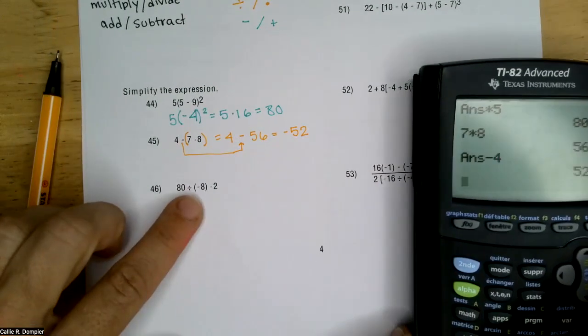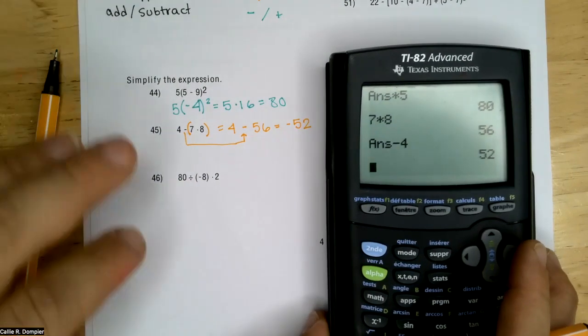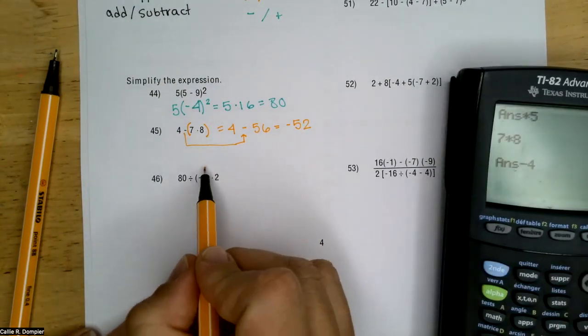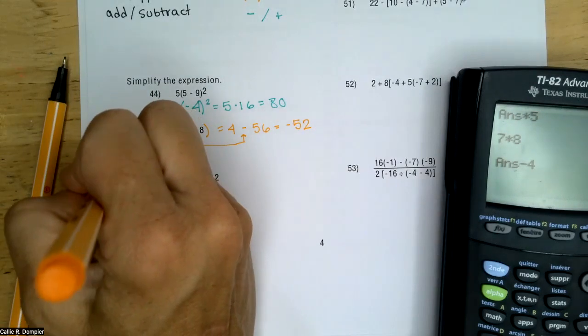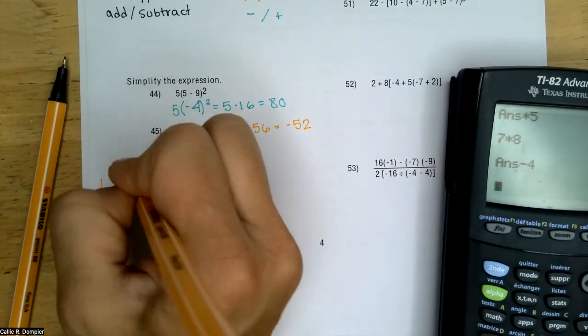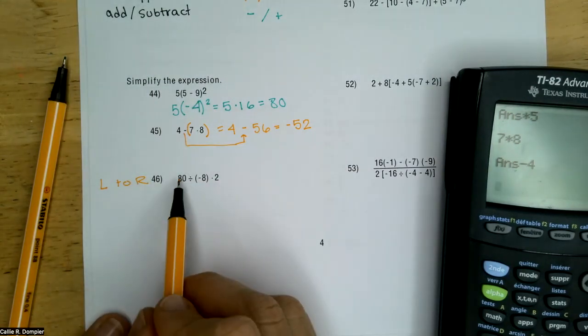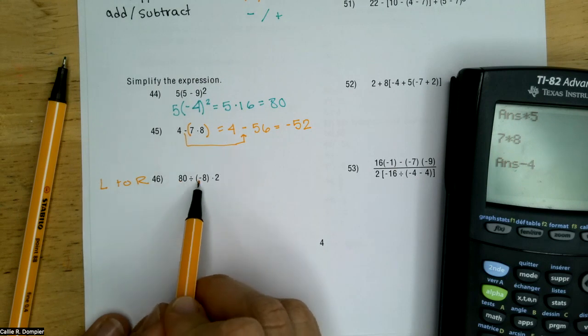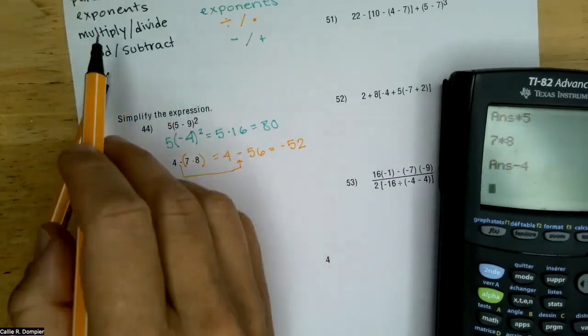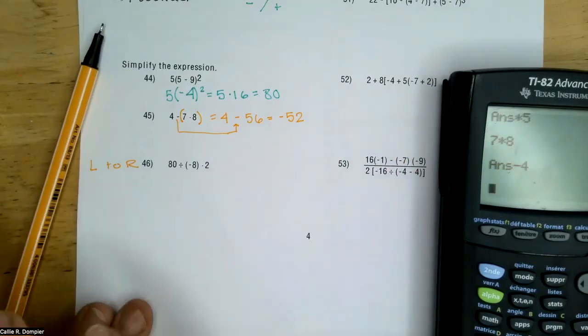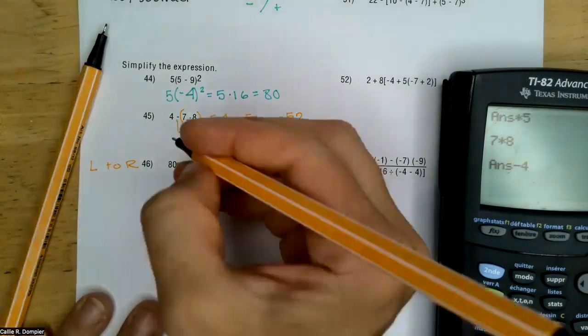80 divided by -8 times 2. When you have multiply and divide, you don't need to multiply before you divide. You just go left to right, like you're reading a book, or a sentence. Those are all multiply or divide, which are on the same level of importance, I guess you could call it.